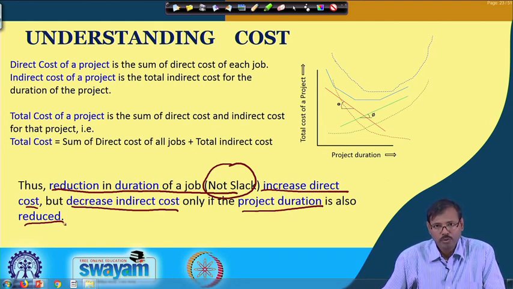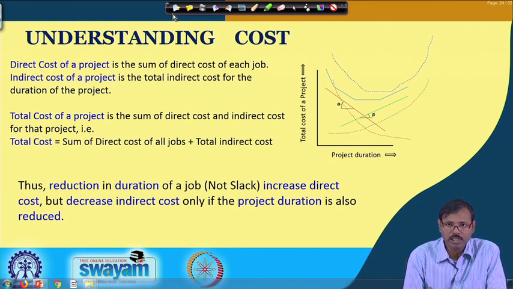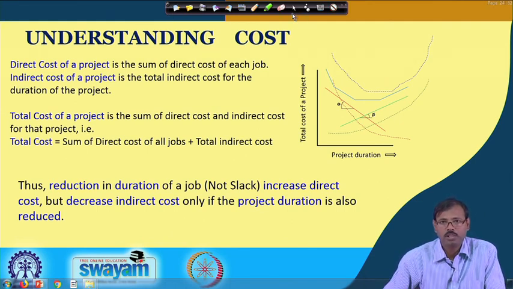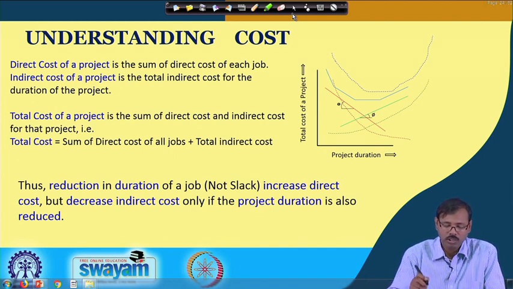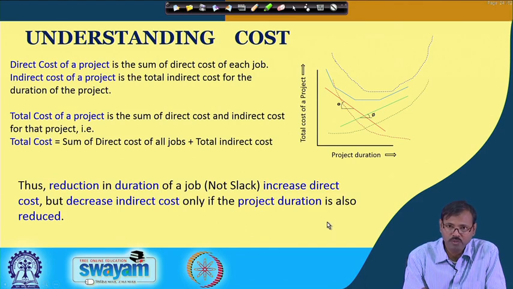But if you reduce jobs which are not critical, your direct cost will also increase. So, reduction in duration increases the direct cost and decreases the indirect cost if it is a critical job. Always, while we are reducing a job, we must consider that it has to be a critical job, so that we can have some benefit of reduction of the indirect cost.